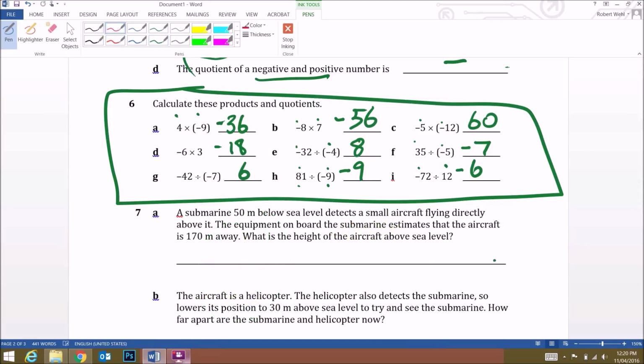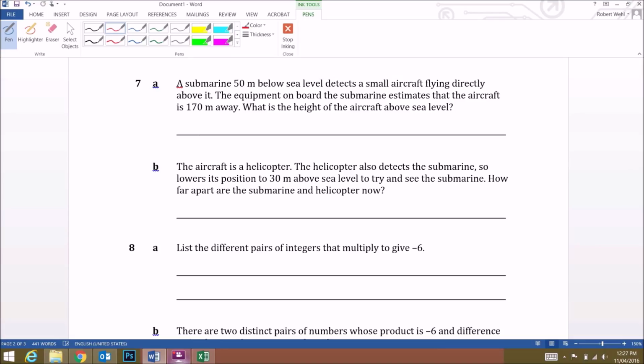Okay, so let's look at the last few questions on this. Question 7, it says a submarine, 50 metres below sea level, detects a small aircraft flying directly above it. The equipment on board the sub estimates that the aircraft is 170 metres away. What is the height of the aircraft above sea level? So you've got your submarine here.